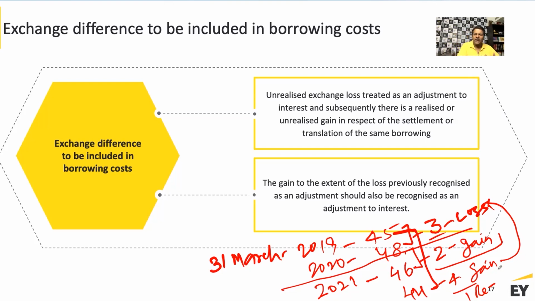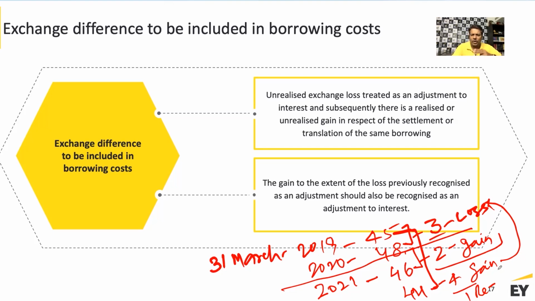And if in one accounting period you had an exchange loss, in another accounting period, if that qualifying asset continues to exist in the construction phase itself, and if you have a gain in the subsequent period, then the gain to the extent of previously recorded loss should get offset against each other, and hence you're going to decapitalize.